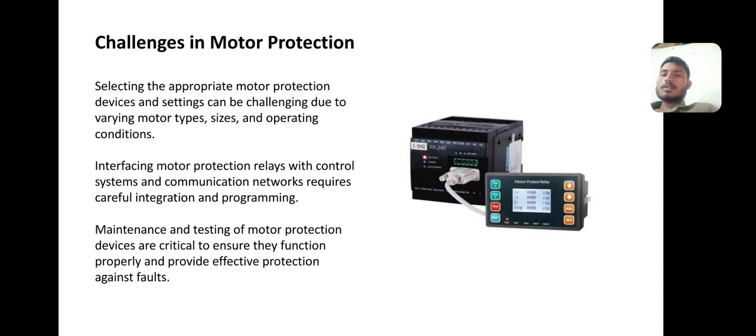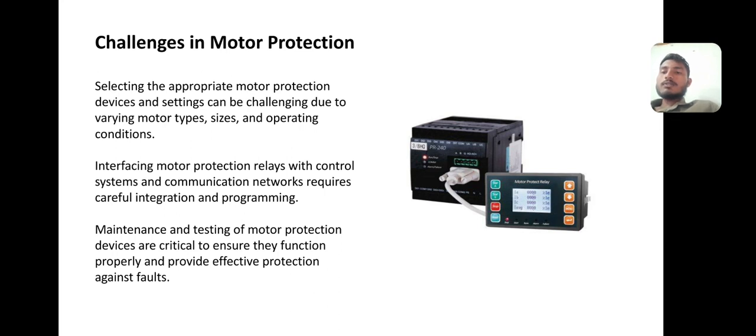Challenges in motor protection. The following are the challenges. Selecting the appropriate motor protection devices and settings can be challenging due to varying motor types, sizes, and operating conditions. Interfacing motor protection relays with control systems and communication networks requires careful integration and programming.